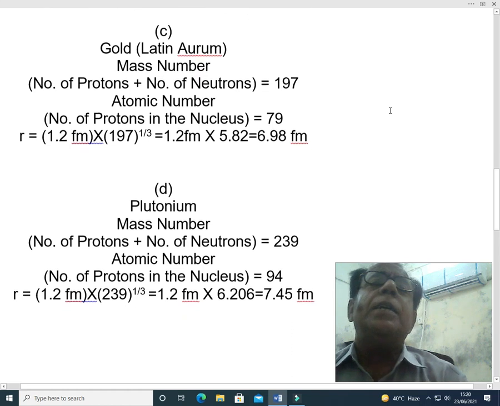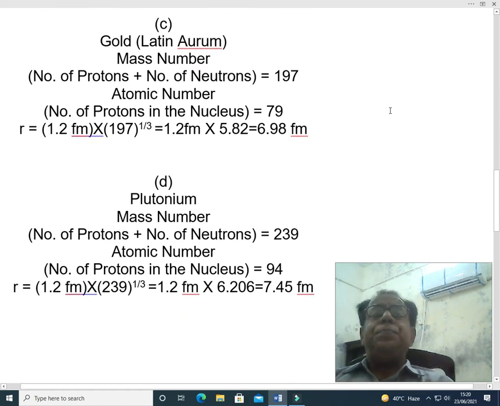Now we come to part C, in which the gold element is taken. Dear students, Au denotes gold. Au is the symbol for gold.